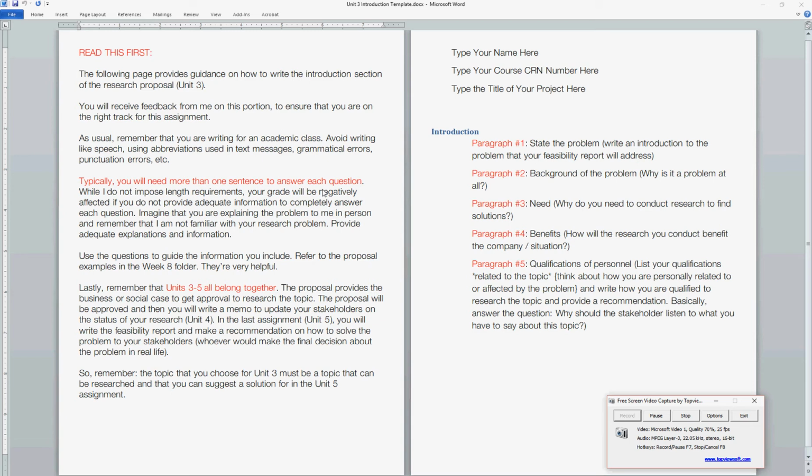Basically, the template that you see here gives you guidance on how to write the introduction, and I broke this down. Usually if it's an in-class, face-to-face class, you get a little bit more information from me, so I tried to break this down as best as I could, and I'm presenting it here to help you as best that I can.